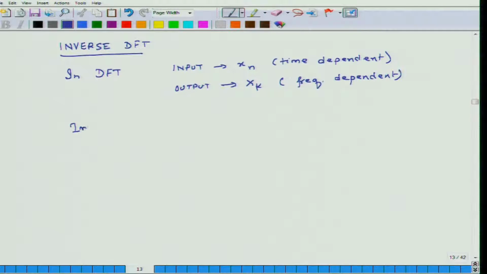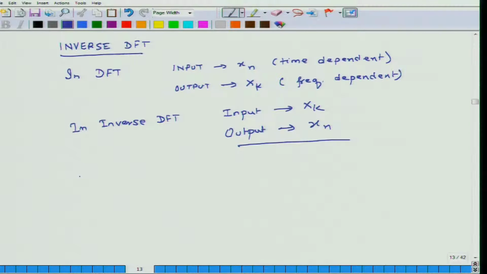In inverse DFT, our input is X_k and the output is x_n.